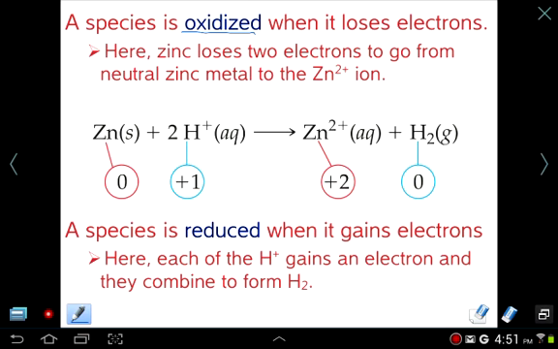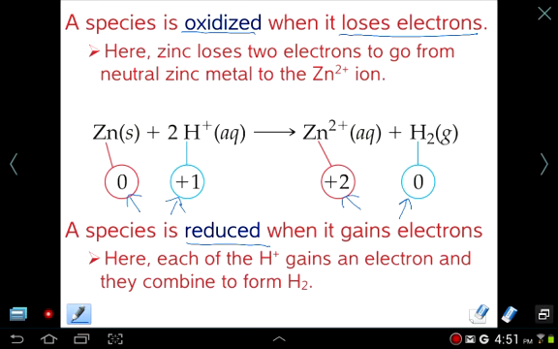That's why it's called oxidized. But oxidized means we're losing electrons. If you take a look at zinc again, zinc begins with a 0 charge and ends up with a +2 charge. Zinc has been oxidized. It has lost electrons. And then hydrogen began with a +1 charge and ended up with a 0 charge. Hydrogen actually gained electrons, and so it got reduced.